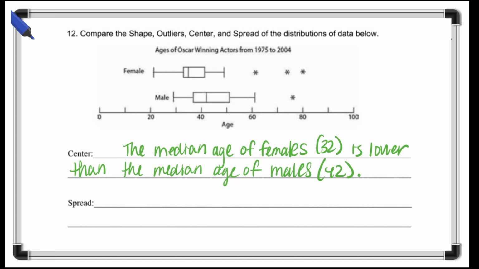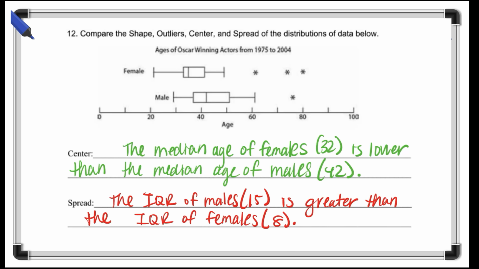Now, when we talk about spread, if your data is symmetric, you're going to talk about the standard deviation. If your data is skewed, you're going to talk about the IQR. So because our data is skewed, we're going to talk about the IQR, and we're going to again use comparative words. So the IQR of males, which is 15, is greater than the IQR of females, which is 8.